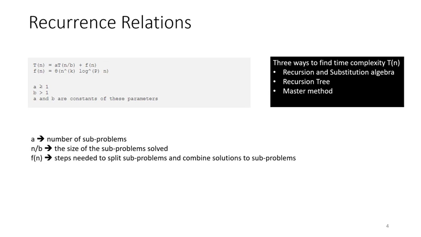So in our case, it is 2. And f(n) is the steps needed to split subproblems and combine solutions to subproblems. In case of binary search, it is just a constant. Now, there are three ways to find the time complexity of this type of relationship.